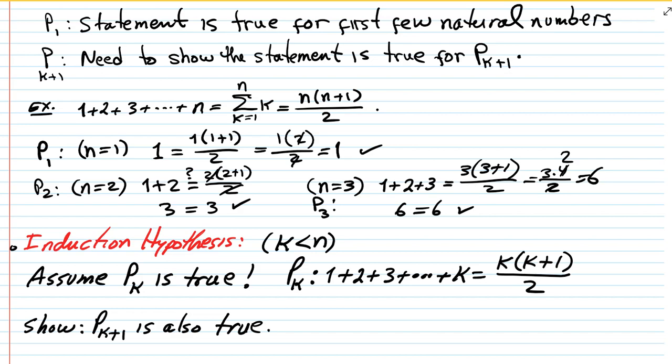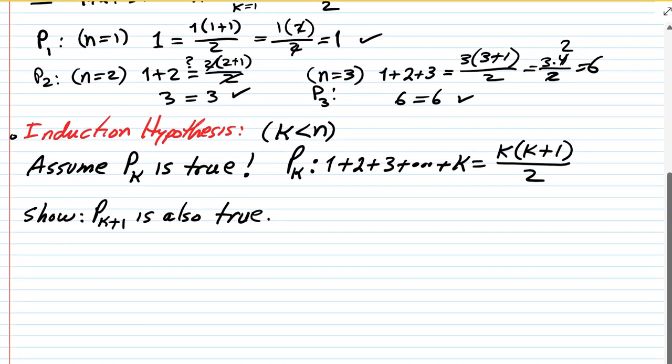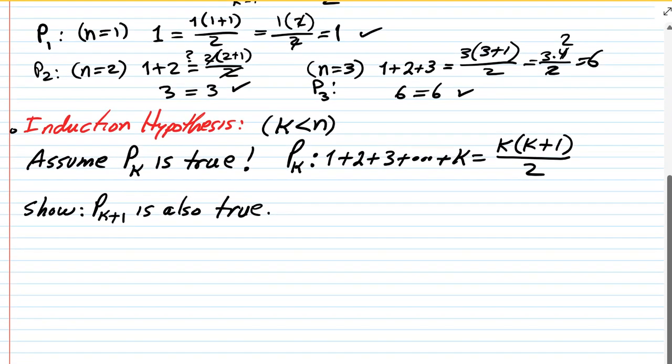N could be a huge number, in the trillions, and k could be in the thousands or millions, whatever. These are huge numbers because we're looking at the set of natural numbers, which is an infinite set. So we need to show this part, and that's where the engine of this work is. The key step is right here, showing this is going to work for the next step.